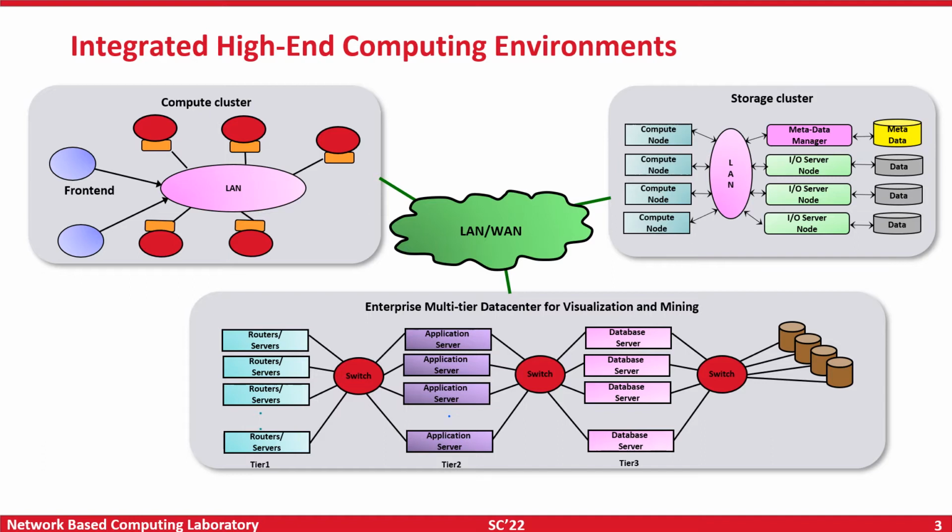But a similar role of high performance interconnect you see with respect to storage clusters, you also see that in multi-tier data centers, and many times these kinds of systems are also integrated over local area network and wide area network. So in that context, the role of high performance networking is very significant in designing these kinds of systems.